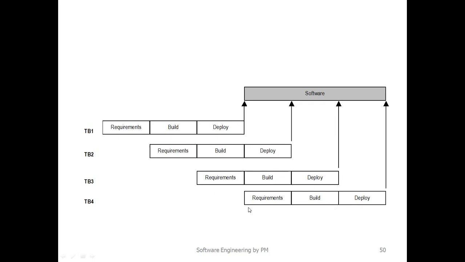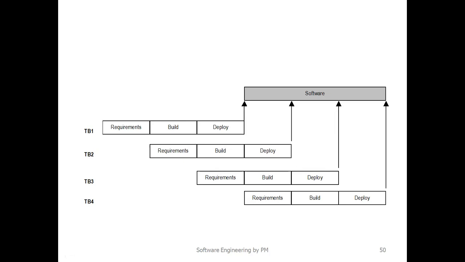So it is T plus T plus T plus T, that is 4T, which is much higher than our computed value of T plus T by 3 plus T by 3 plus T by 3. So that is the advantage of this time boxing model.